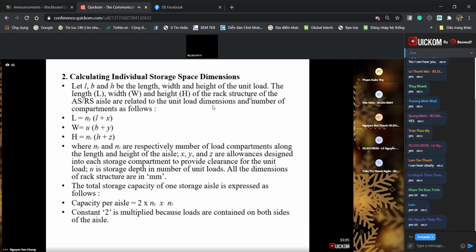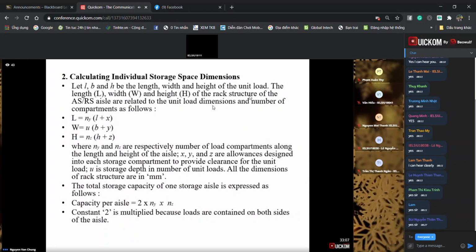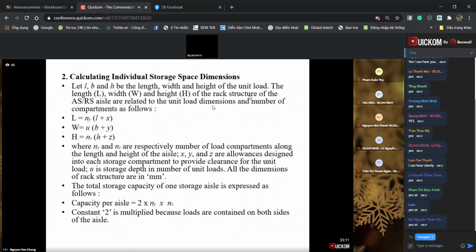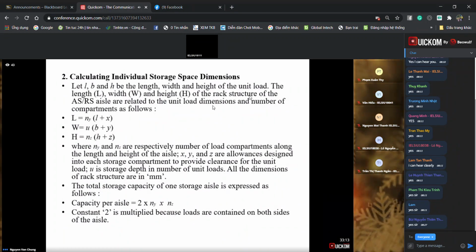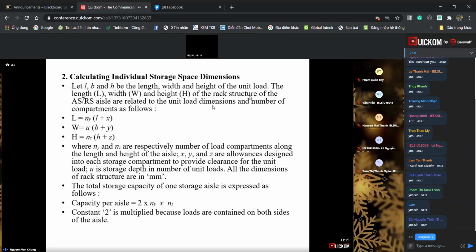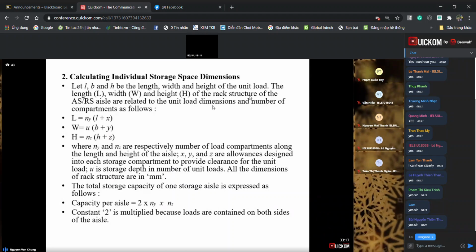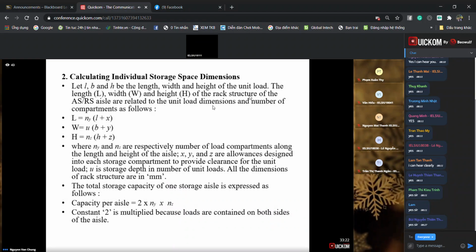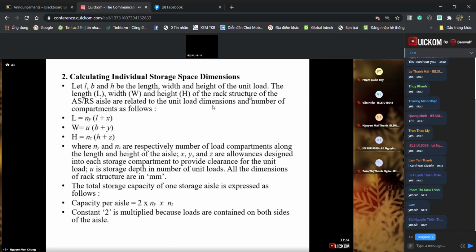Okay, you see the rack is the big one first. On the unit load, you have the small container or the small box. You have the dimensions: the length, the width, and the height.